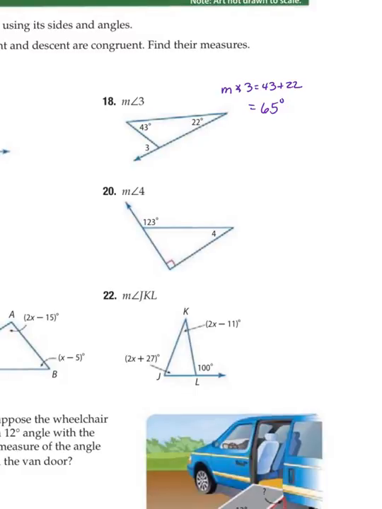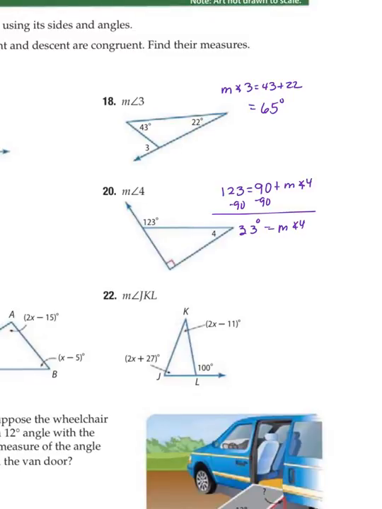Okay? For number 20, 123 is my exterior angle, so it's going to equal the 90-degree angle plus angle 4, which is what I'm looking for. So if I subtract 90 from each side, then I'm going to find the measure of angle 4 is 33 degrees.